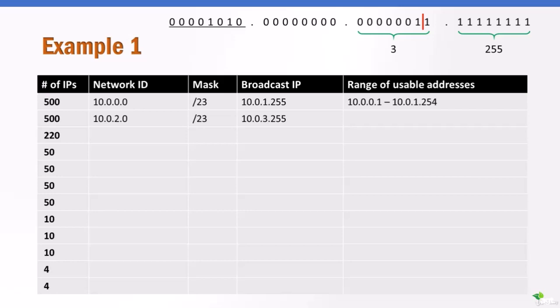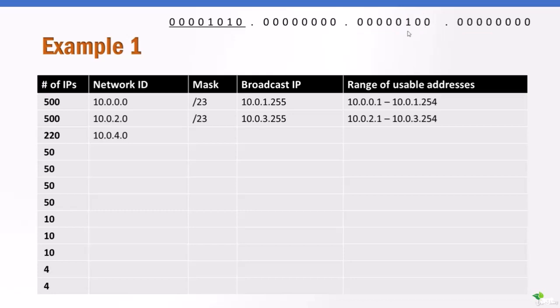So the broadcast IP is 10.0.3.255. Range of usable addresses goes from 10.0.2.1 to 10.0.3.254.